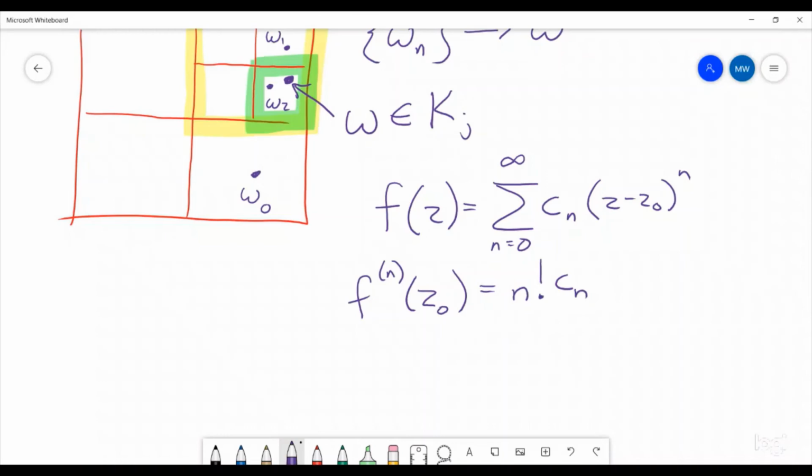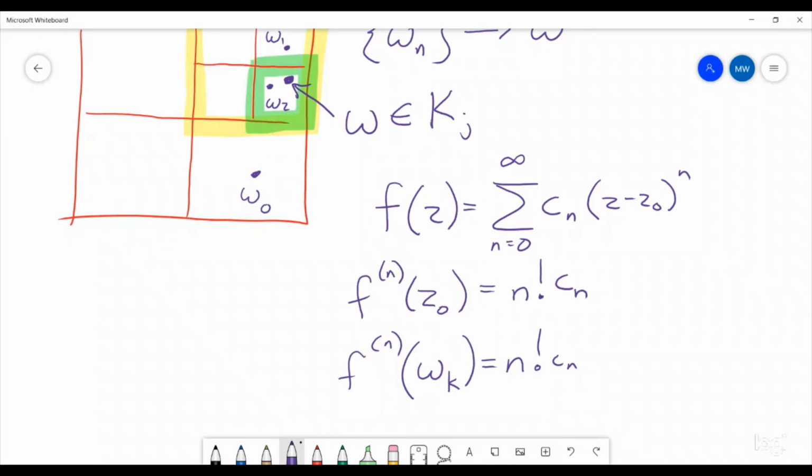So the only non-zero thing is this, which means that if we look at our nth derivative at each of these wk's, these are all constant. And we have a set that has a limit point where all of them are constant.